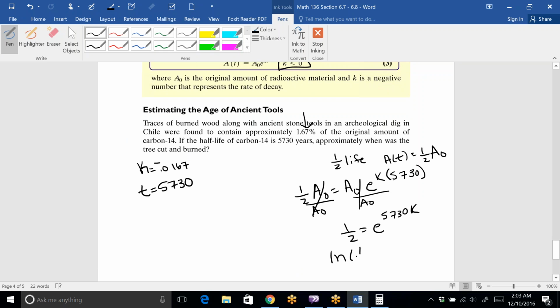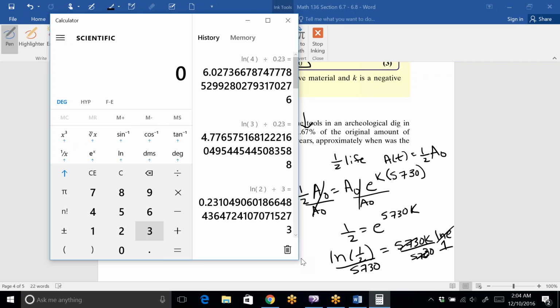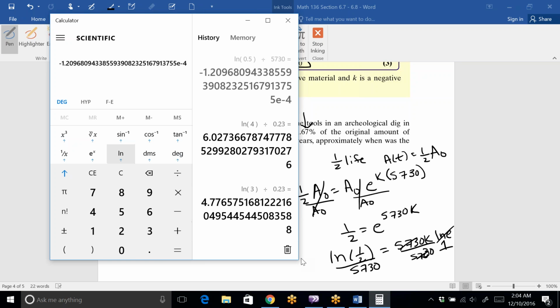Take a natural log of both sides so that we can bring that power to the front. And that's a 1. And then we're going to divide by 5,730. So 0.5 natural log divided by 5,730 is actually, ooh, that's very small. This is scientific notation.